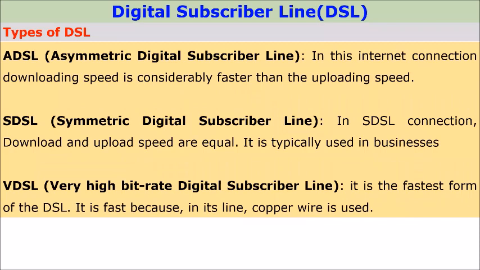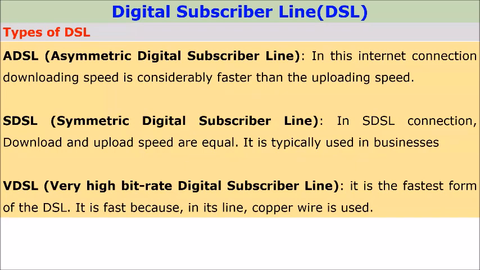Then symmetric digital subscriber line is the second one, in short SDSL. Then the third one, very high bit rate digital subscriber line, VDSL. Right? There are three types here. I think the most common one is ADSL, but SDSL and VDSL are most commonly used in business and large organizations.